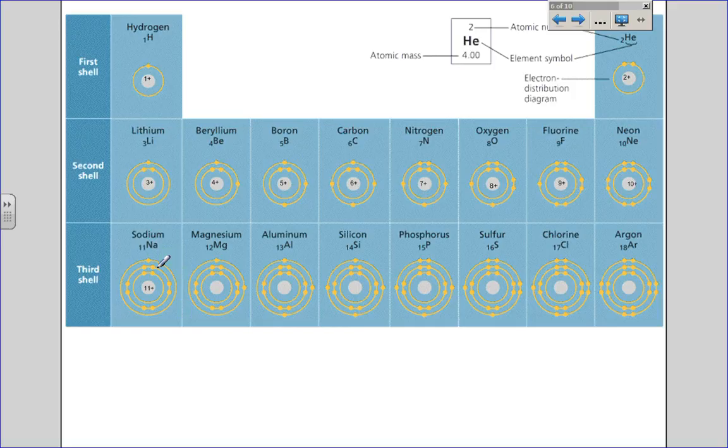So the electrons are held quite tightly to the nucleus. The shielding has been reduced, the effective nuclear charge has increased, and so it's much more difficult to remove the second electron from an alkali metal. So for that reason, these have the highest second ionization energy.